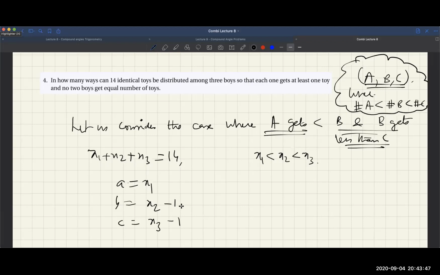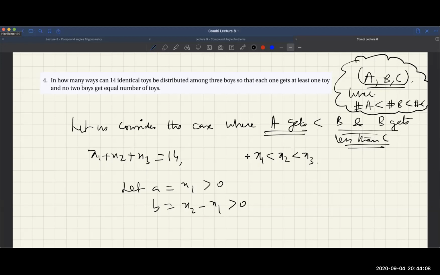So in that case, can I do this? I just want equality to go along. Okay, fine, never mind. What I do is, let A be equal to x1, B will be equal to x2 minus x1, which is greater than 0.